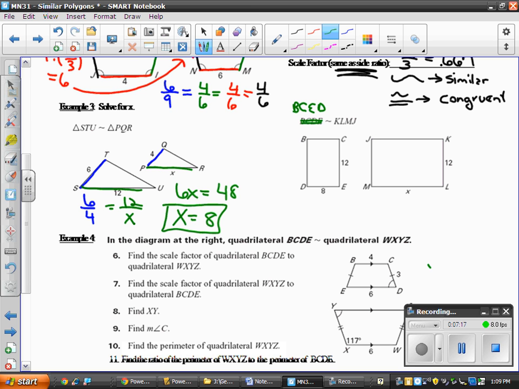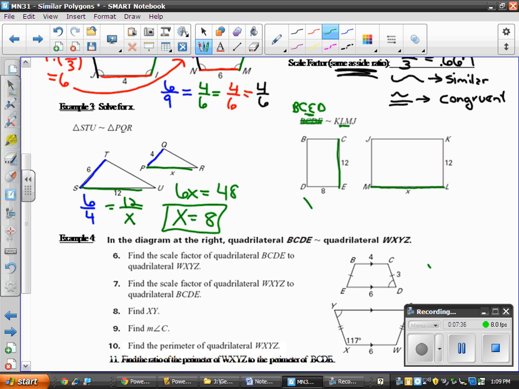And really, if you look at what we want to know, ML. So ML, if I come over here, is this right here. And if this is a similarity statement, that means LM or ML is going to correspond to CE. So CE is right here.